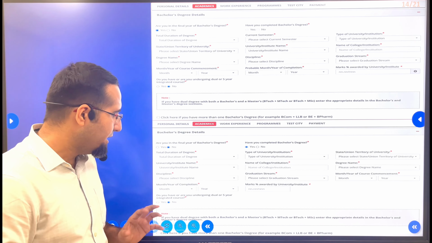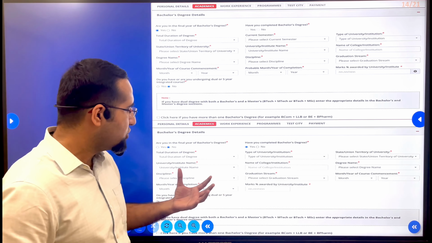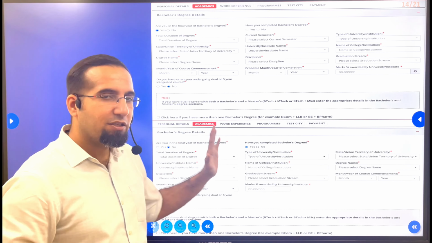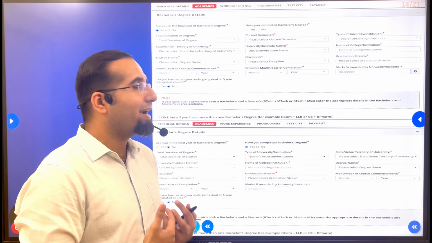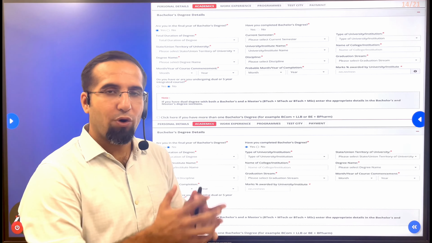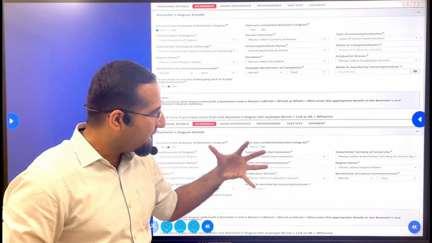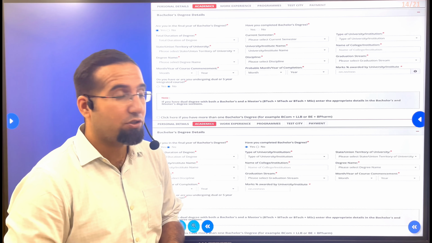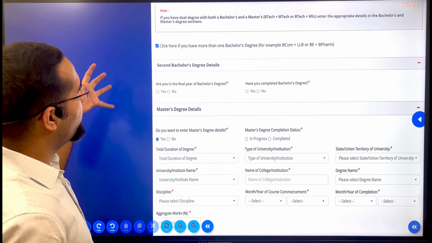Same rules apply: the total marks rounded off, maximum marks, percentage, year of completion, and so on. So please ensure your certificate is with you, and that you are clear about which stream and which semester you are in if you are still in college, and the same applies if you are out of college. And if you have a dual degree, then this is how it looks.